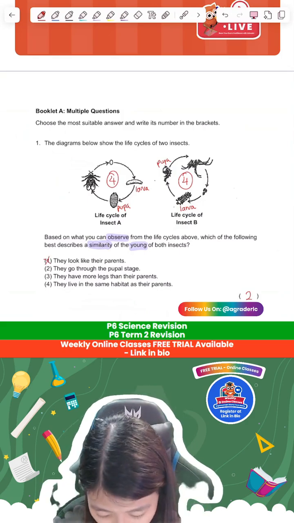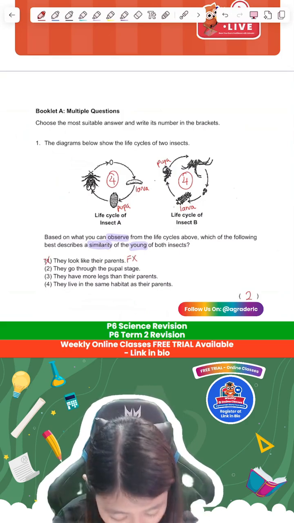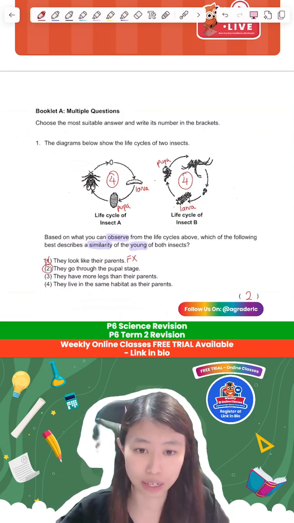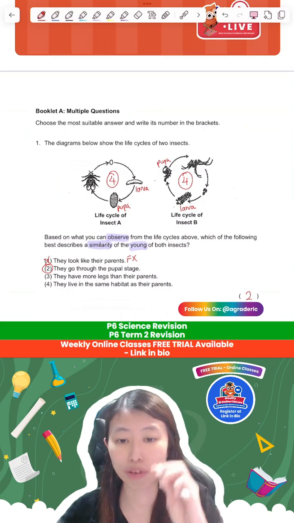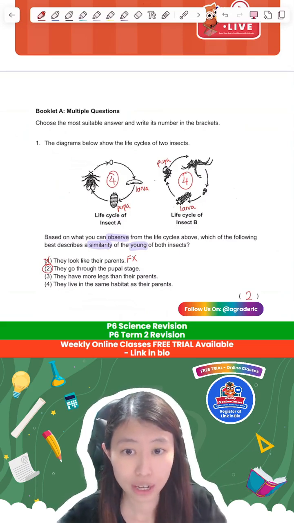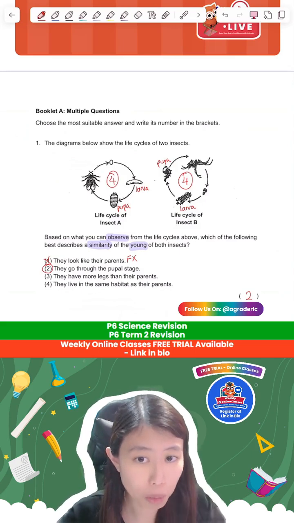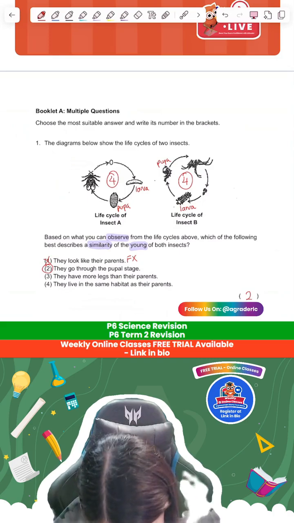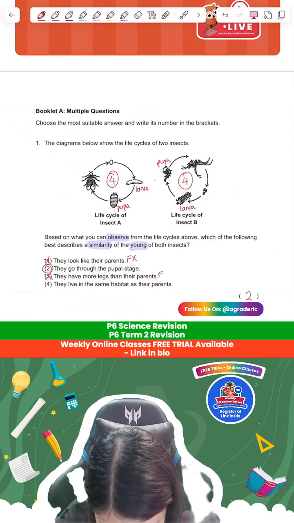That is usually for a 3-stage life cycle. The young definitely go through the larva and the pupal stage, so they don't have more legs than their parents. Okay, this is false.